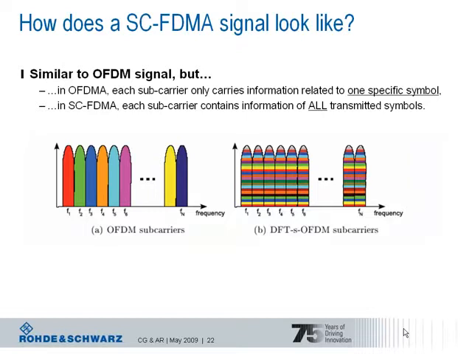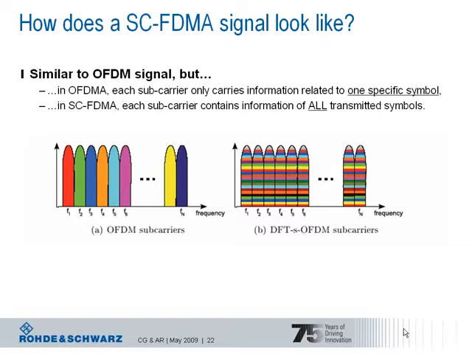This picture visualizes the things we just learned very well. When we compare classical OFDM used in the downlink and single carrier FDMA or DFT spread OFDM used for the uplink, then we can say that in OFDM each subcarrier carries only information related to one specific symbol. This is indicated by the color used for the subcarriers, as you can see on the left hand side of the graph. In single carrier FDMA, each subcarrier now contains information of all transmitted symbols.